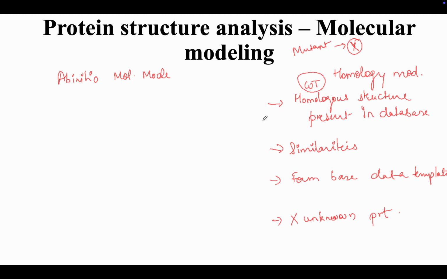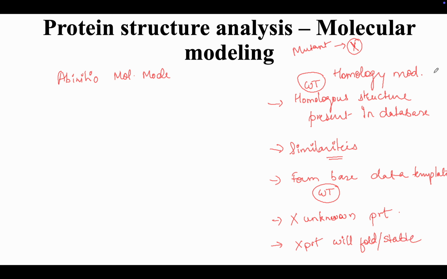Then we can map the similarities in the database, and from that wild type protein structure we can form a template, and then similarly we can predict how our X protein will fold.